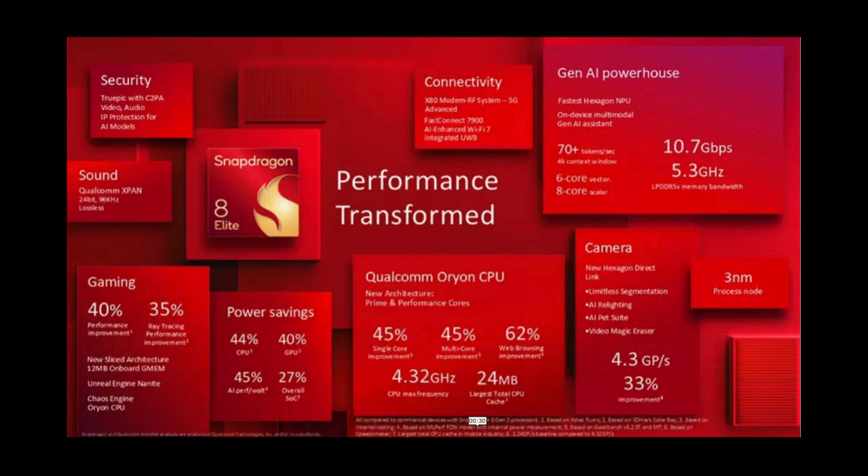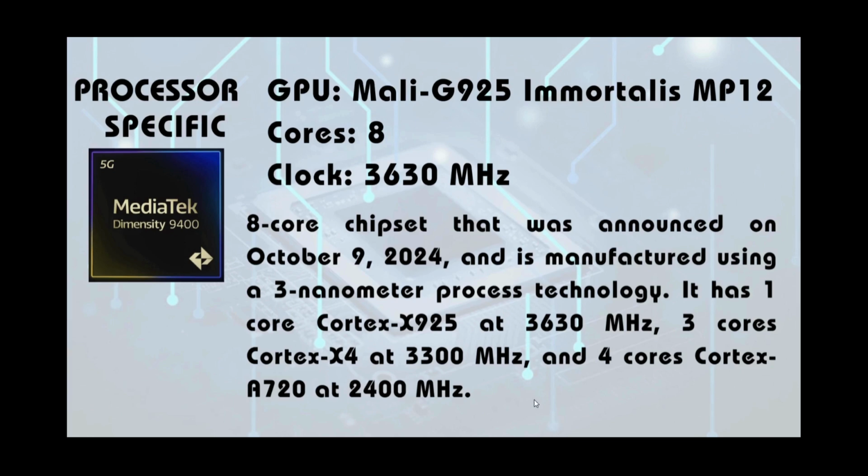Next, we're going to see the MediaTek 9400. This processor has a GPU of Mali G925, Immortalis MP12, and similarly 8 cores, and the clock speed is around 3630 megahertz. It was announced in early October, that's 9th October 2024, and it's similarly manufactured in the 3 nanometer process technology, similar in size, which can be held inside the hand.